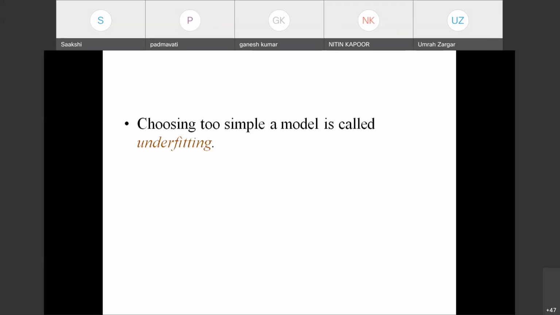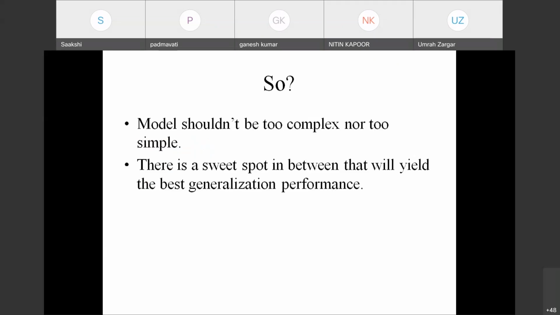Whereas if I choose a too complex model for training, then what happens? It has learned that particular training set completely. It is not able to generalize it, but it has completely learned the training set. Hence, I should not choose a too simple model or a too complex model.